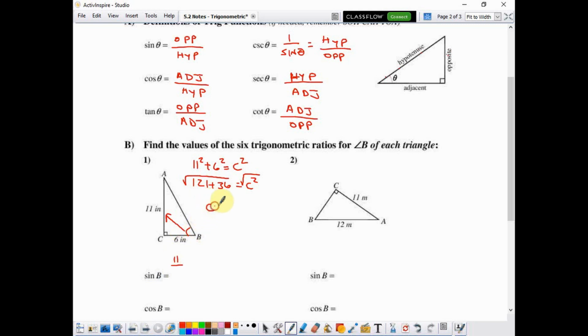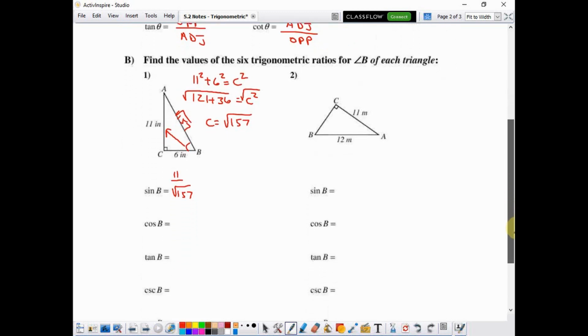So that means C is the positive square root of 157. I don't think we're going to be able to simplify this at all, so we'll just leave it as the square root of 157. So opposite over hypotenuse is 11 over the square root of 157.